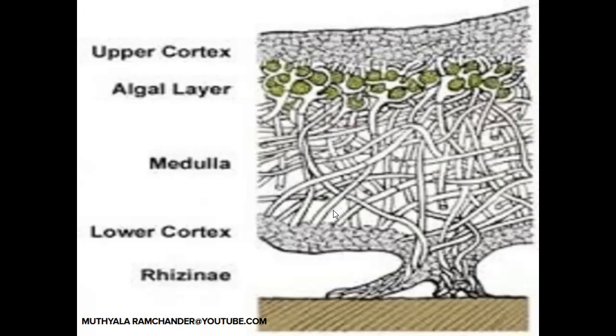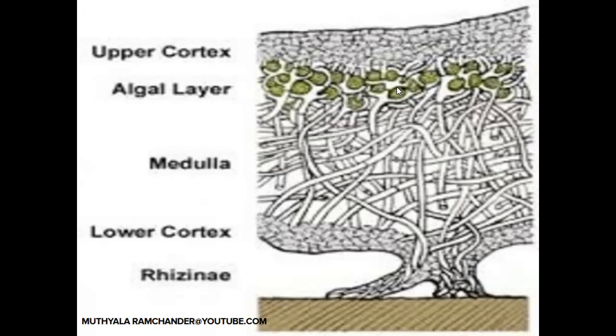It is a mutual understanding between the cyanobacteria and fungi, and this position is called the symbiotic position. A lichen means one photobiont and one mycobiont compactly arranged, living in a symbiotic position. What is the meaning of symbiotic position? They are in mutual understanding.